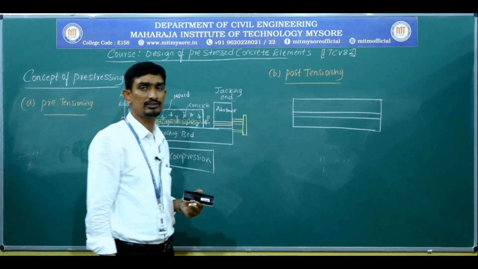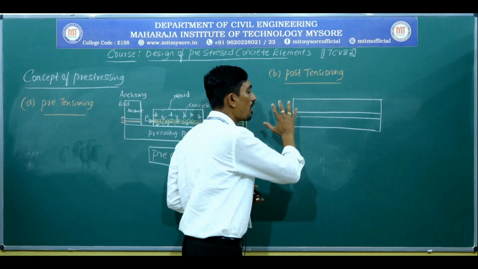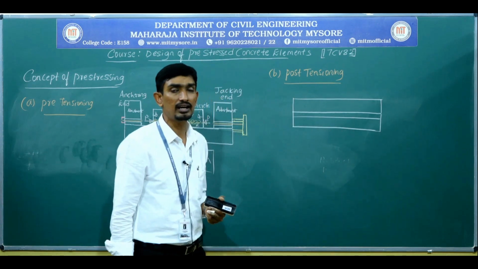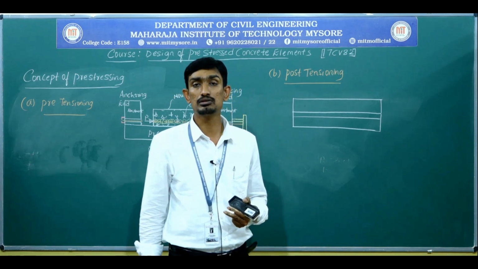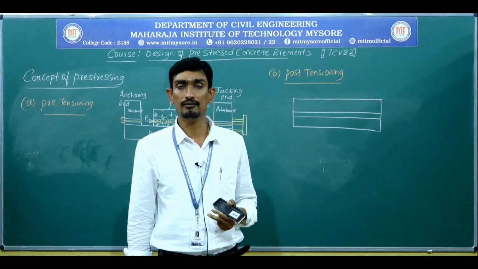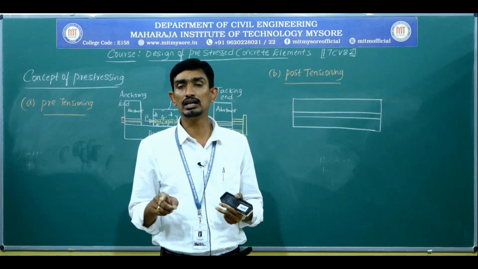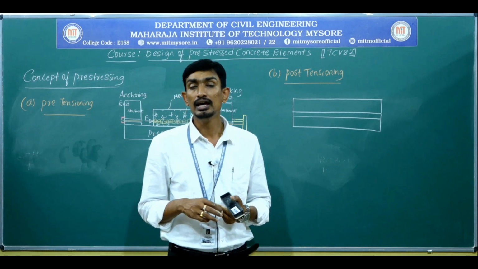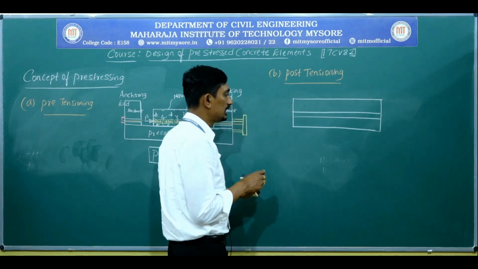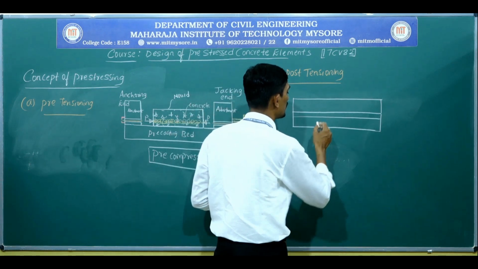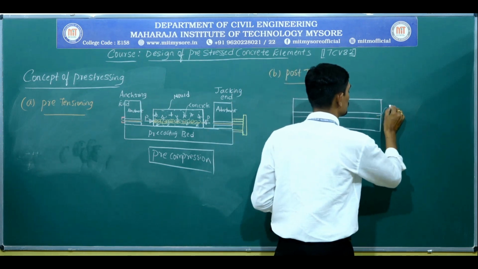But in this case, first the concrete element is created without using any reinforcement. That is plain cement concrete of specific dimension. And this is a provision we need to create, that is called a duct.